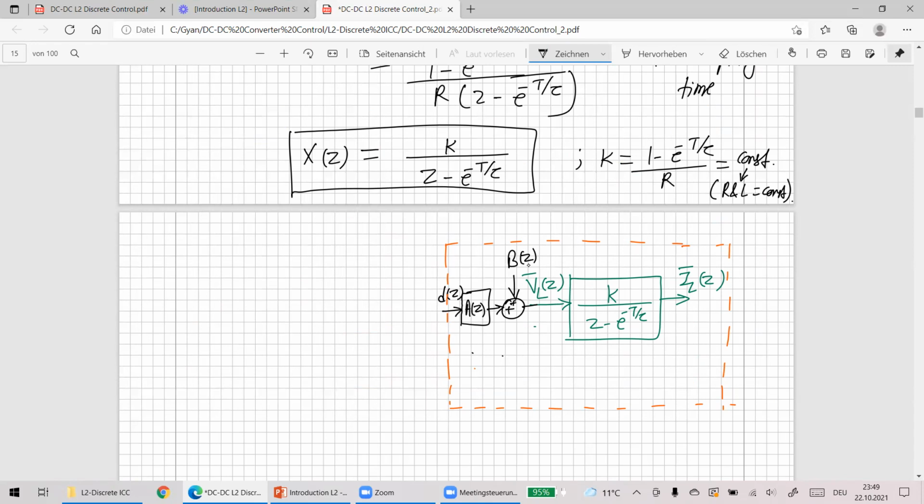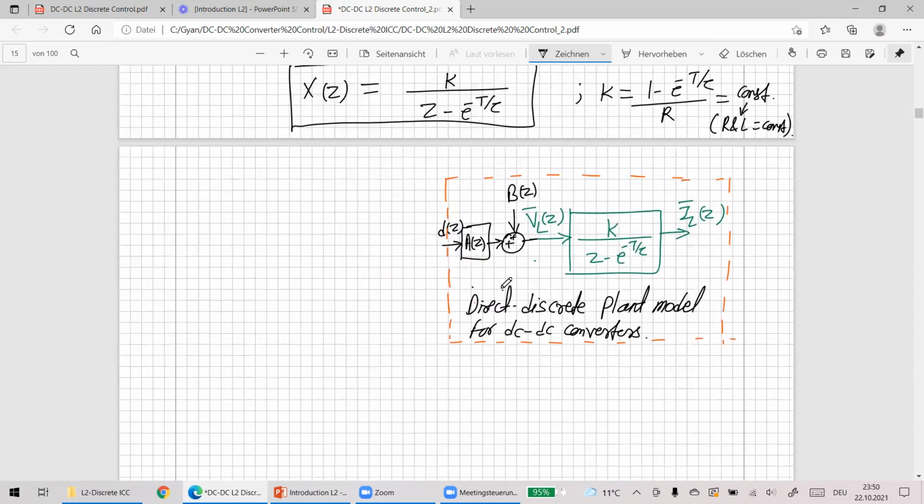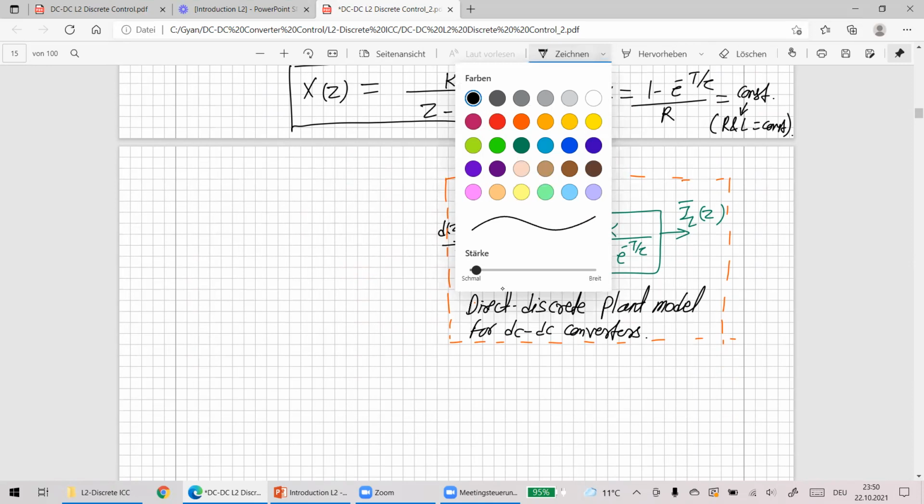So this is our direct discrete plant model for DC-DC converters.